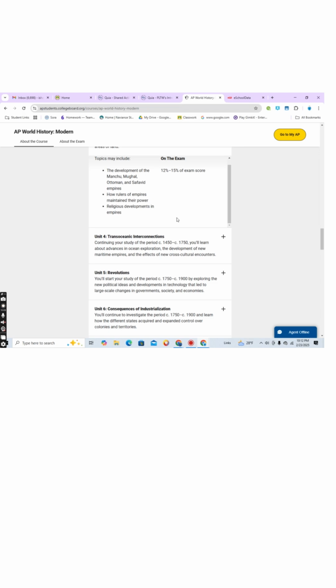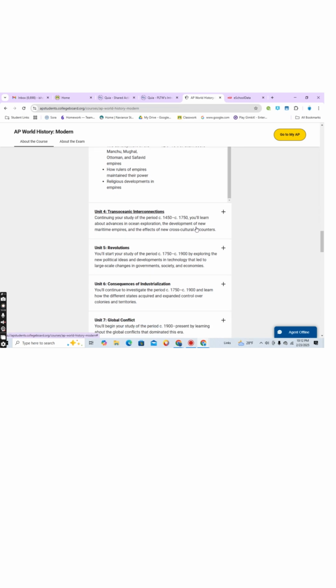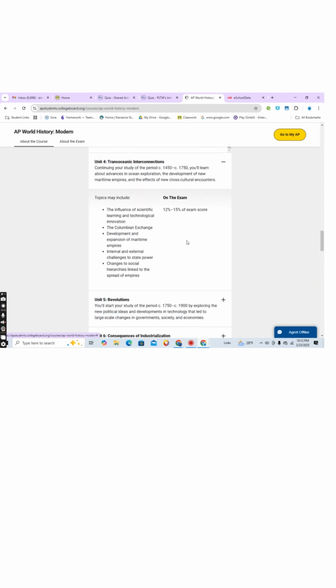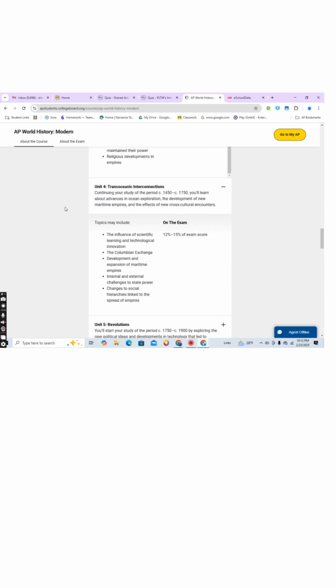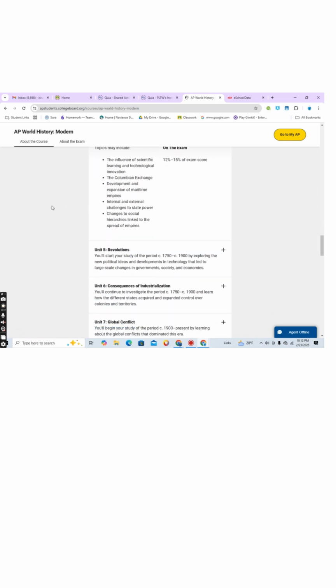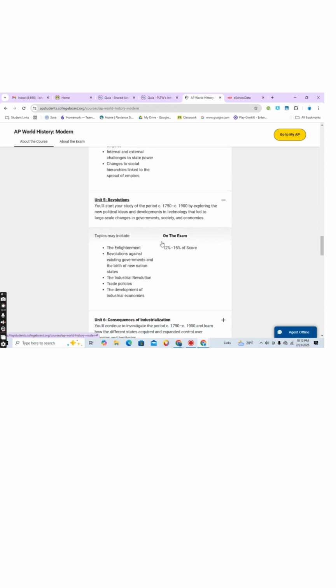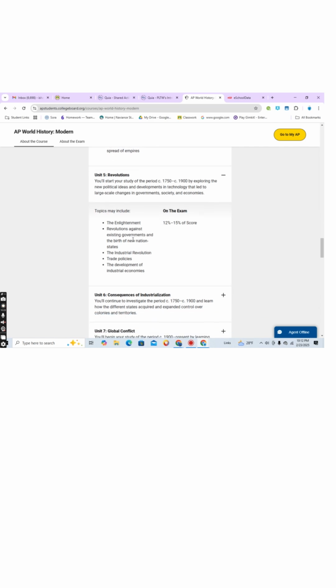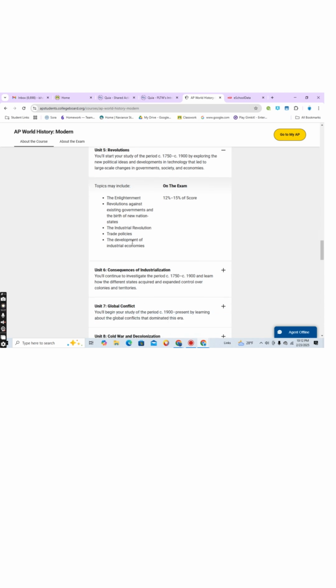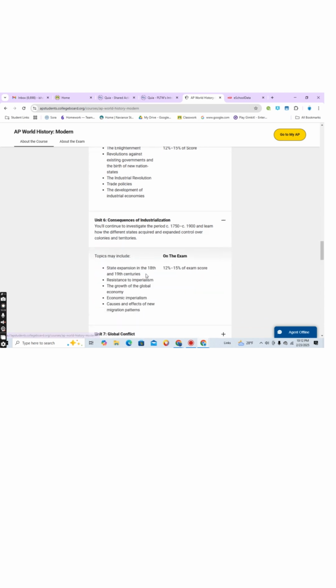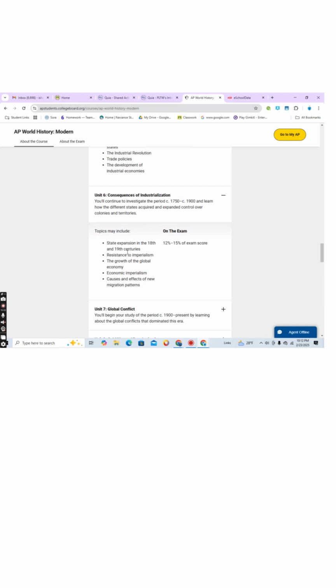Basically, just large empires. Then we got the transoceanic interconnections, like the Columbian Exchange, which led to colonizing the Americas. Then revolutions like the French Revolution, then Russian revolutions also in this time period. And the Industrial Revolution, which is also here, and its consequences.